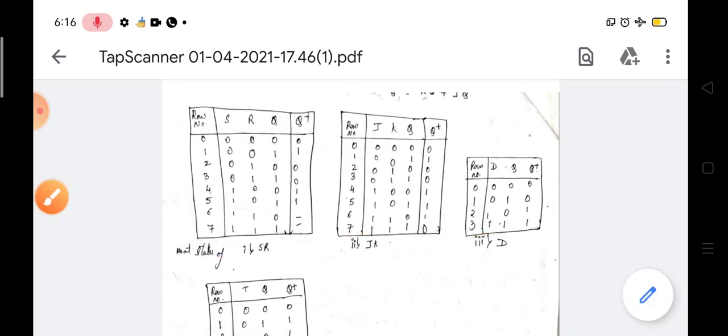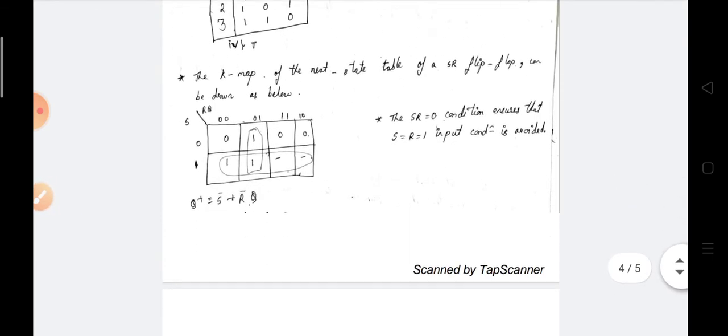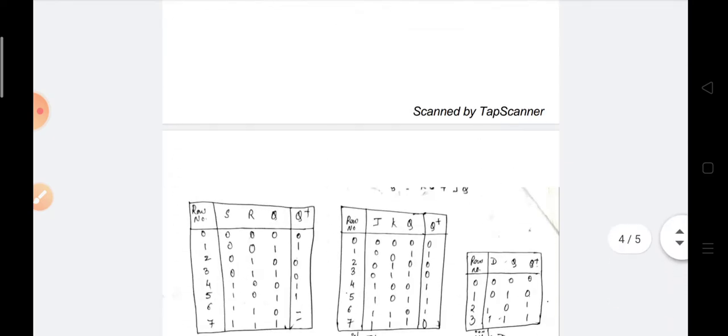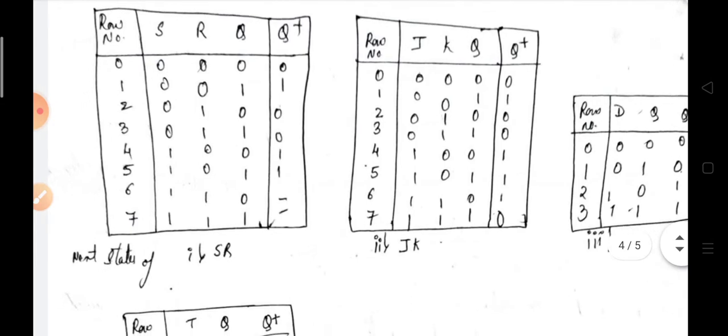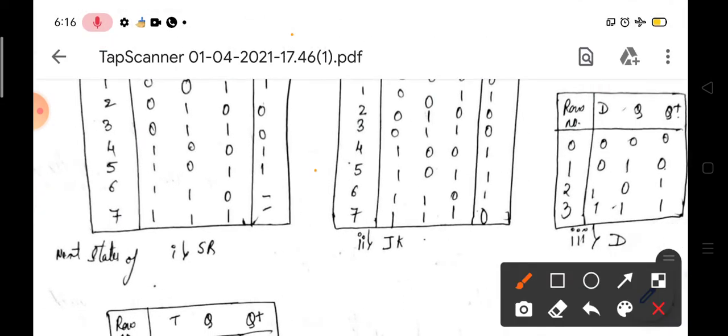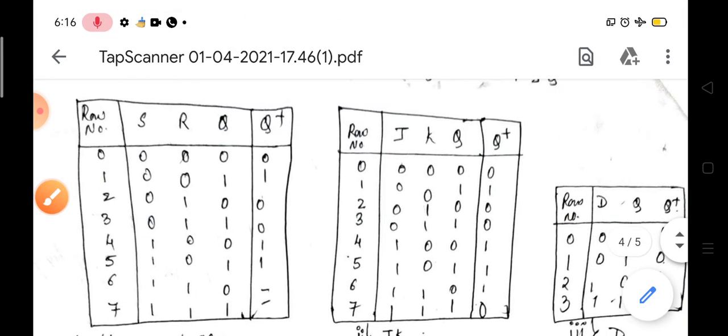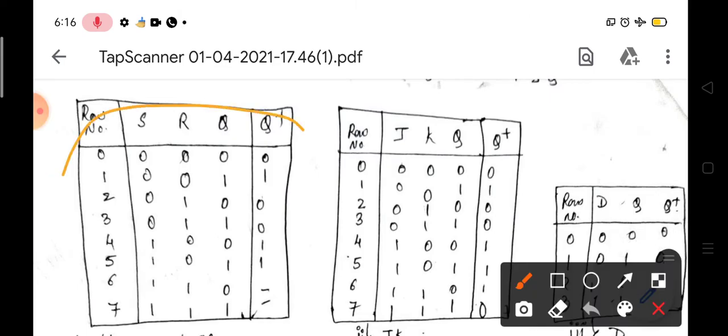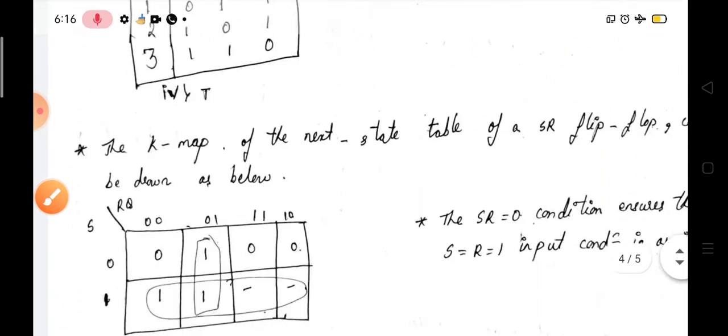Now the K map of the next stable state of a flip flop can be drawn as follows. This is the function table for the SR flip flop, and using this a K map is created.